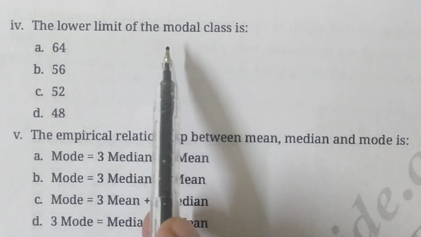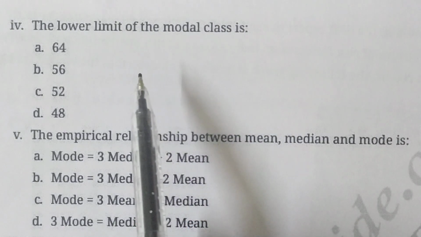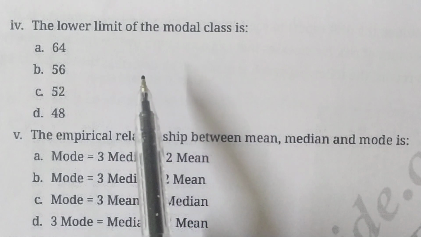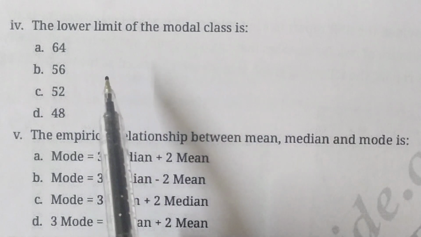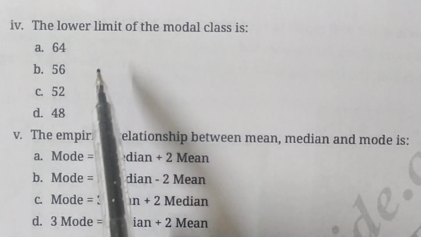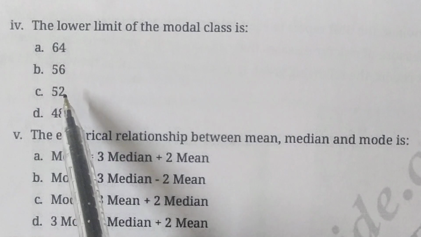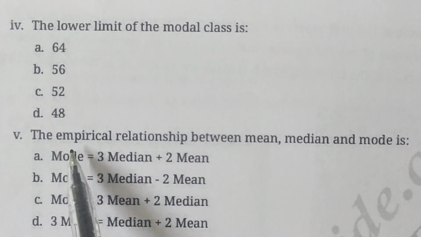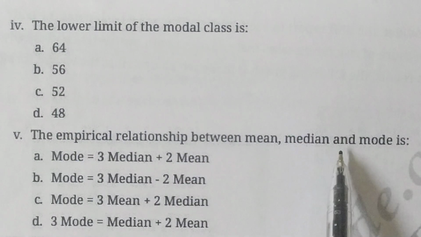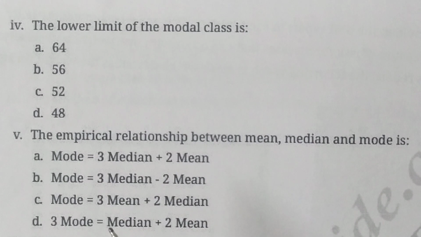We found that the modal class was 52 to 56, so the lower limit is 52. And the next is the empirical relationship between mean, median and mode, which I have told you already: mode is equal to 3 median minus 2 mean. Option B is the correct option.